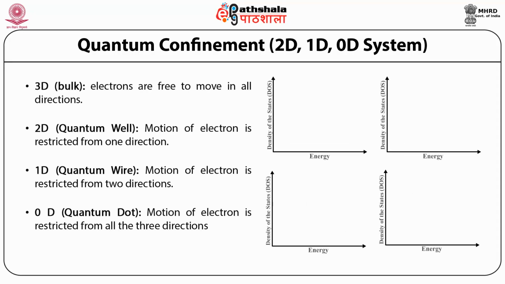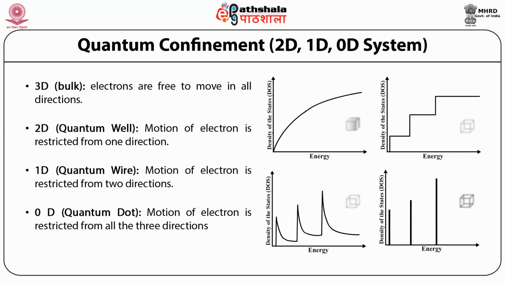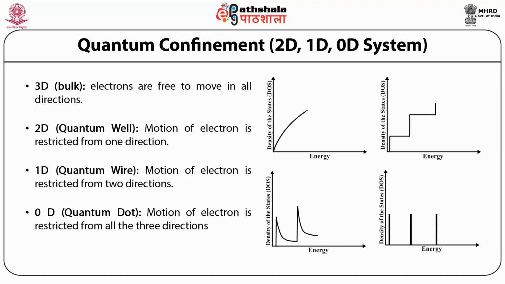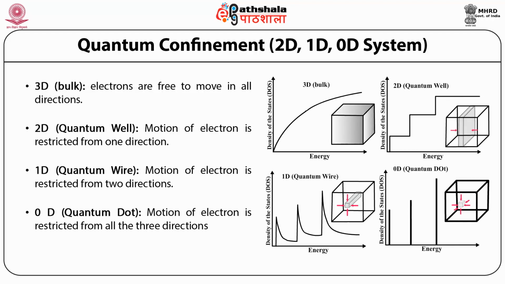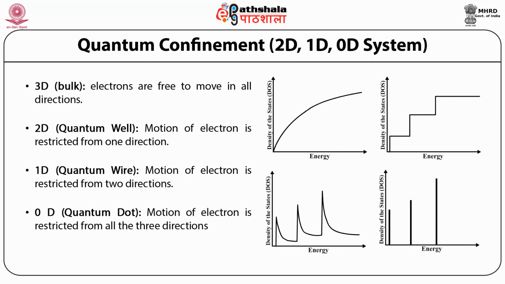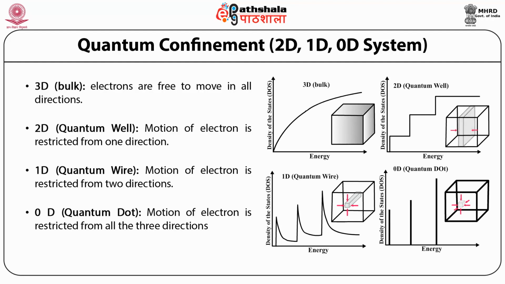I want to discuss the quantum confinement in 2D, 1D, 0D systems. A major feature that discriminates various types of nanostructure is their dimensionality. The word nano stems from the Greek word nanos, which means dwarf. This word nano has been assigned to indicate the number 10 to the power minus 9, one billionth of any unit.